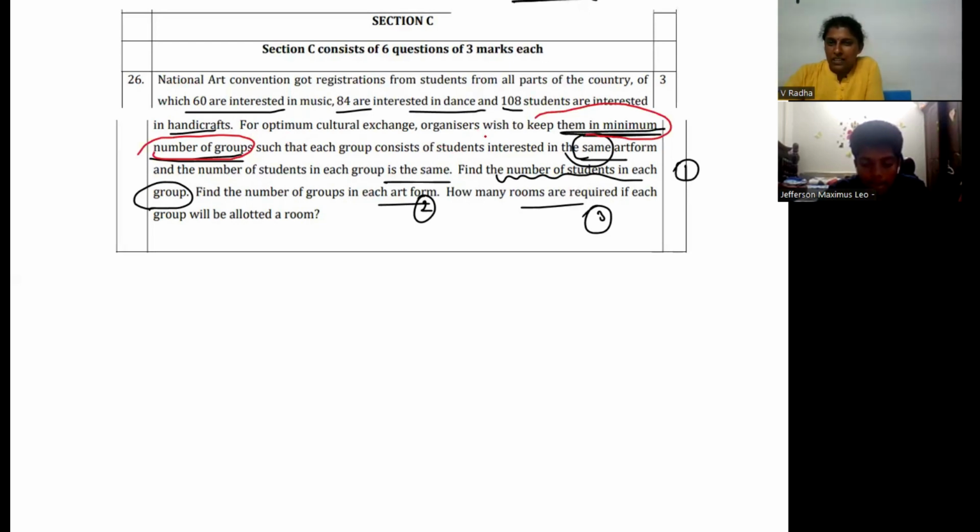For optimal cultural exchange, organizers wish to keep them in minimum number of groups such that, whatever comes after that are all conditions.